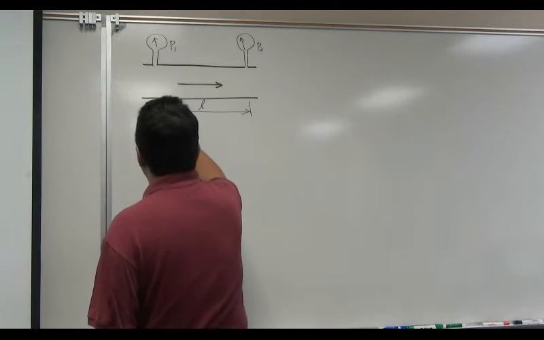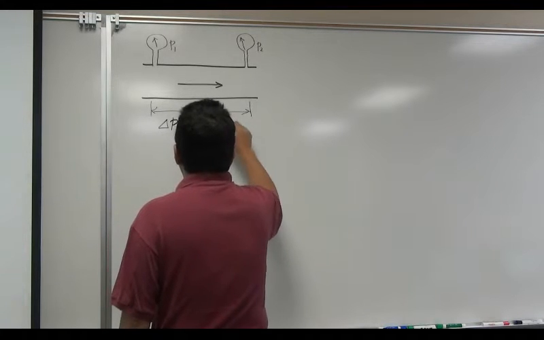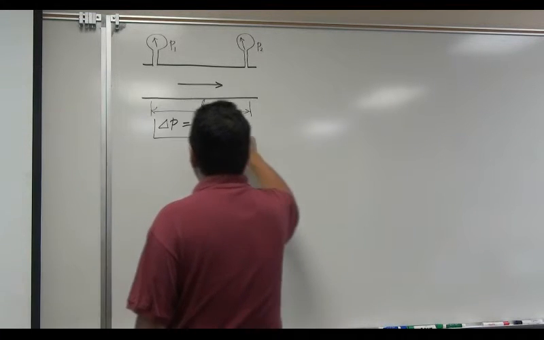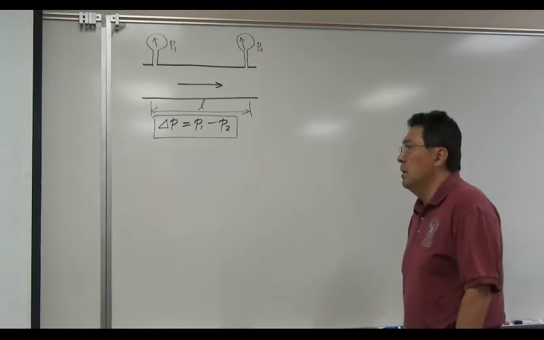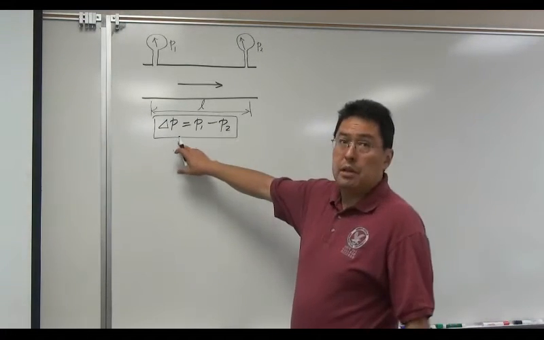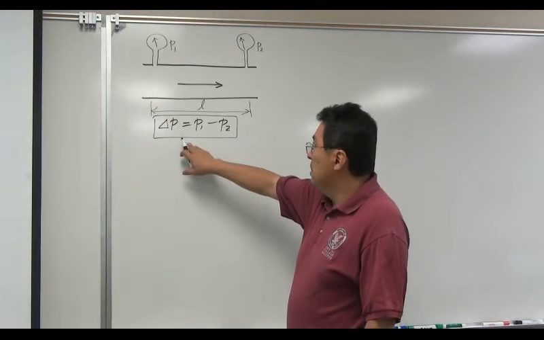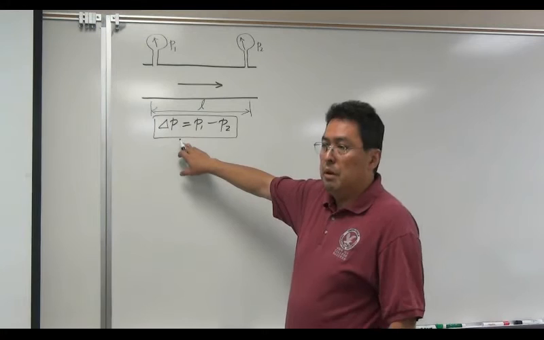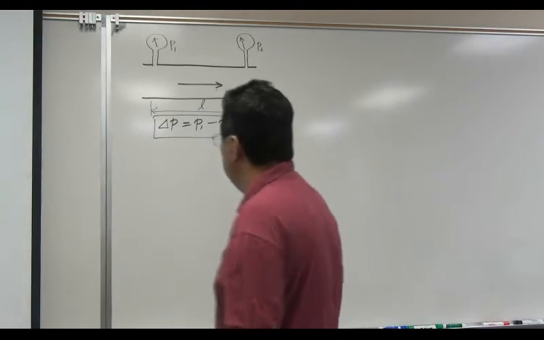Delta P is P1 minus P2. This is a very important design factor of the pipe. Everybody wants to minimize this because this is essentially the loss of the pipe. If you have a large pressure drop in the pipe, you have to add a huge pump to deliver liquid within the pipe. Okay?